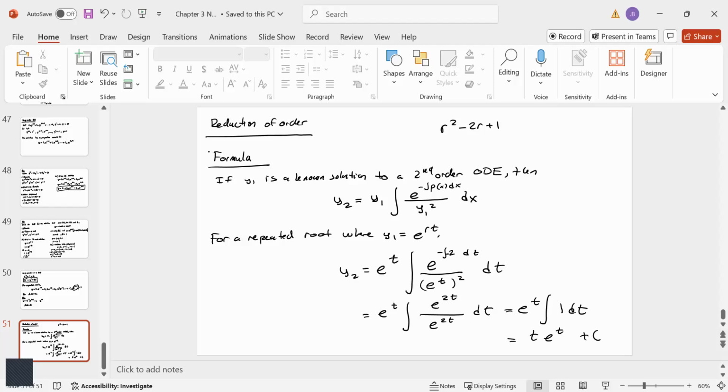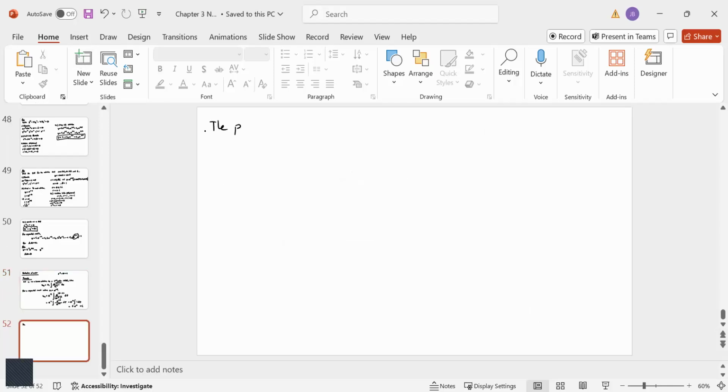It's just this whole process of reduction of order. Now, this formula is derived from a whole process that's a little confusing, but we'll try to go through it a little bit here. The process of reduction of order stems from the idea that your solutions are multiples of each other.